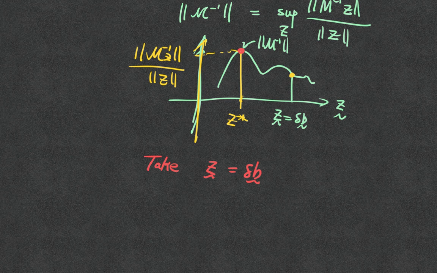So I want to know if I change B, how much change I would have for X, right? Now MX equals B, so M minus 1 B equals X, okay?